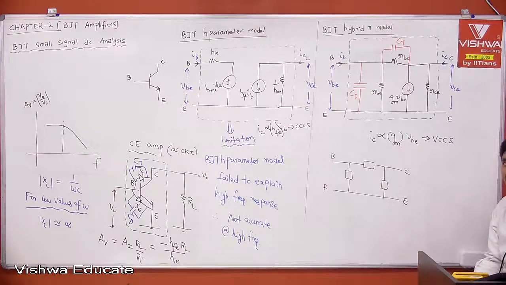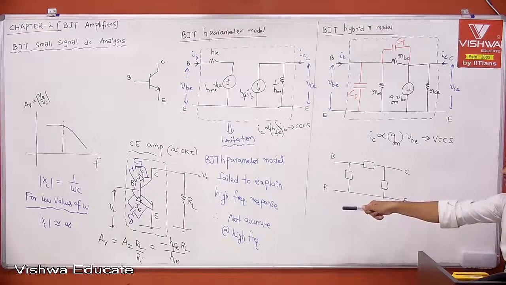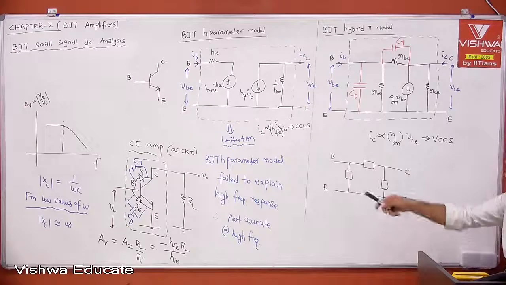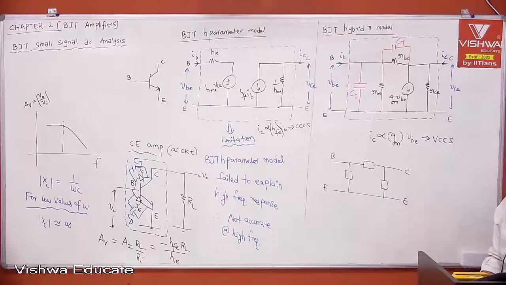Because in the examination, whatever problems you are solving, you get voltage gain in terms of H parameters. If the H parameters are known, we can substitute and get the voltage gain. But sometimes remember, H parameters are not given. Then GM will be given.